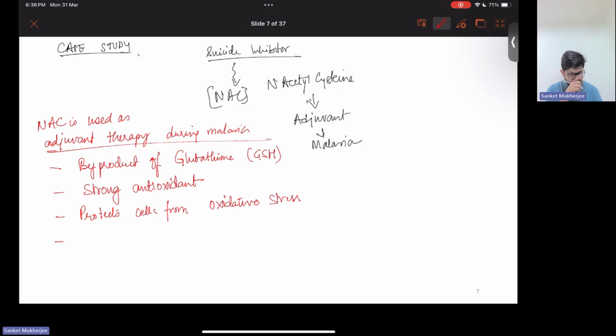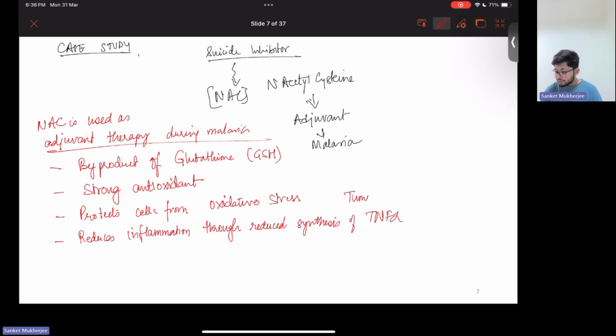It reduces inflammation through reduced synthesis of TNF alpha, that is tumor necrosis factor alpha.